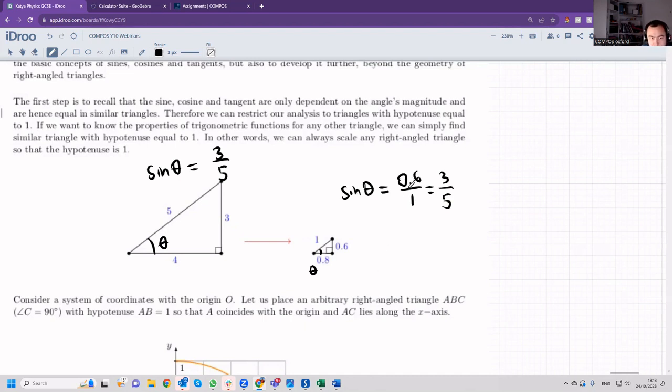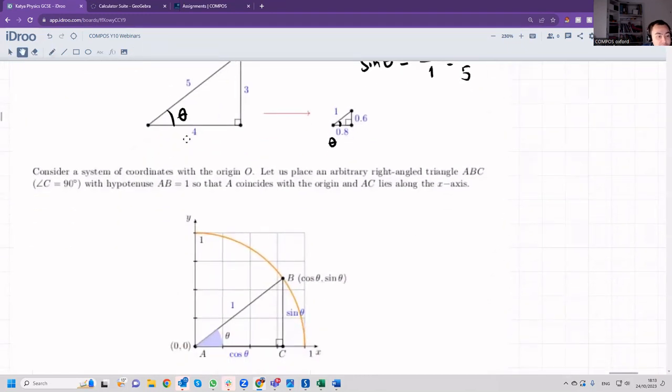I hope everyone understands that 0.6 over 1 is the same as 3/5. So it doesn't matter. If you have a triangle whose hypotenuse is not equal to 1, all you need to do is scale it down, and you'll have a triangle with hypotenuse 1.